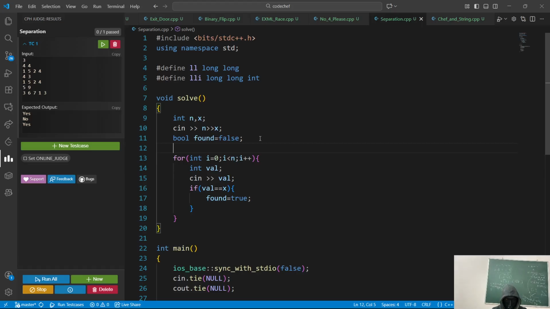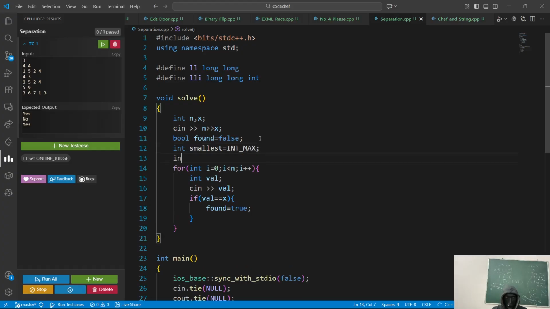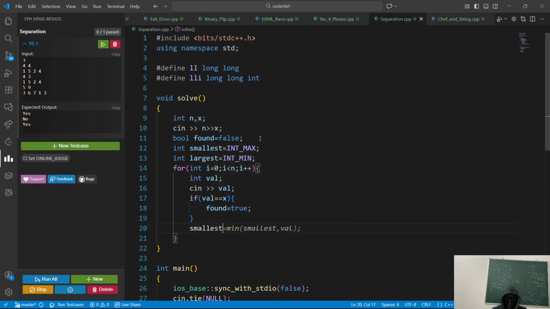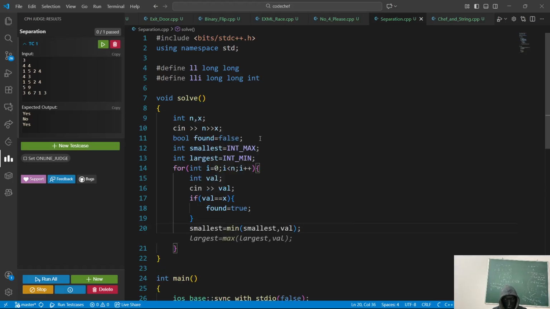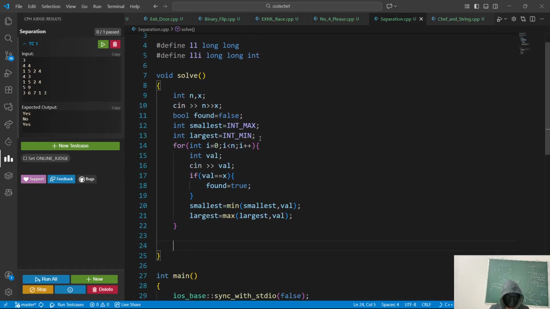Smallest will be initialized to int max, and largest will be initialized to int min. Now your smallest element will be the minimum of smallest and the value, and largest will be the maximum. So we have found the largest and smallest element.